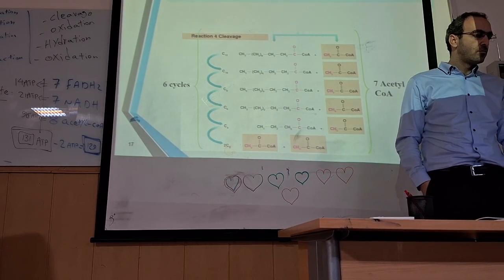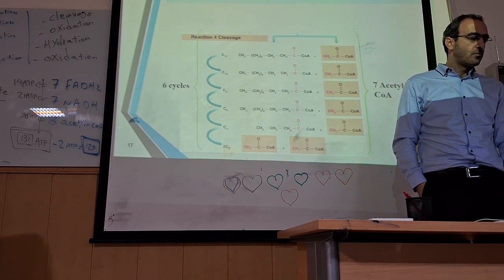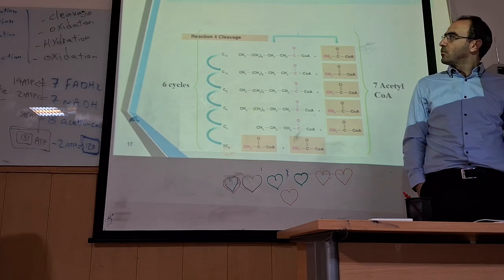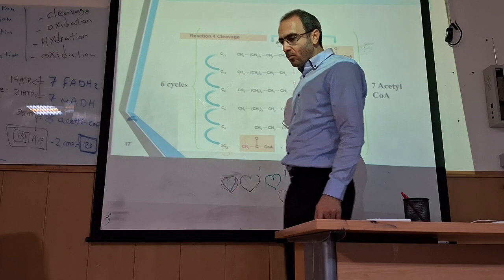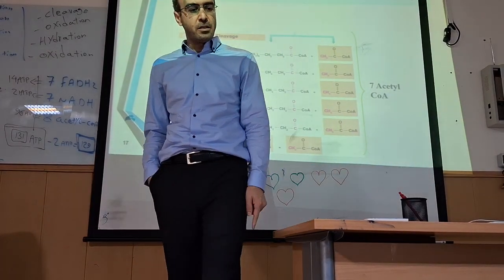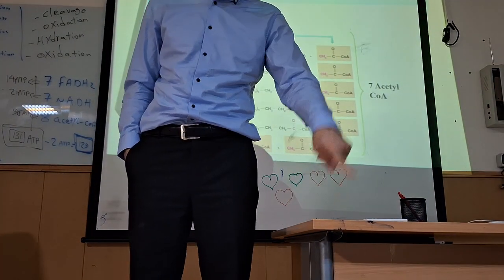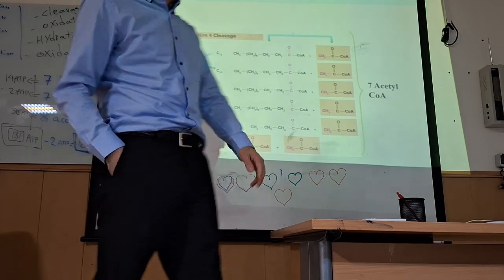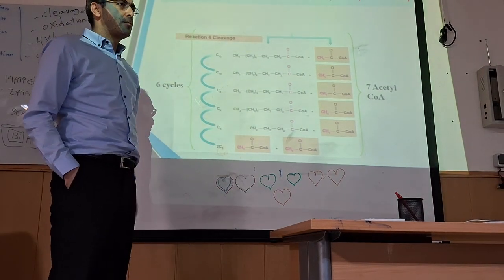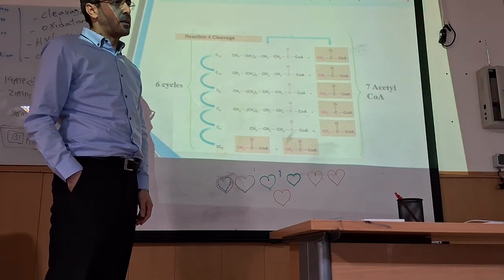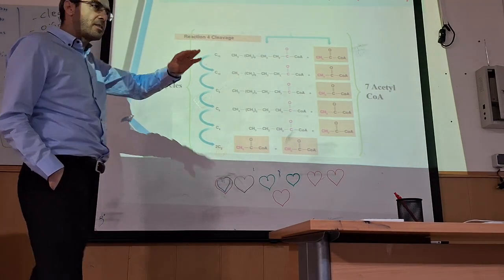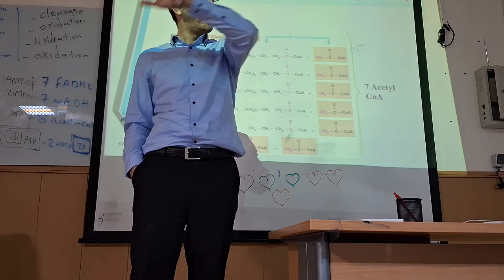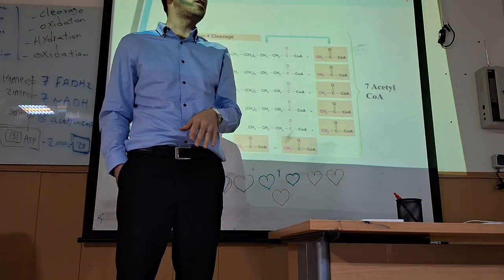Exactly. The number of cycles is equal to the number of FADH and NADH produced, and for acetyl-CoA we just have to add one. The formula is like that: for the cycle, n divided by 2 minus 1; for acetyl-CoA, just n divided by 2.